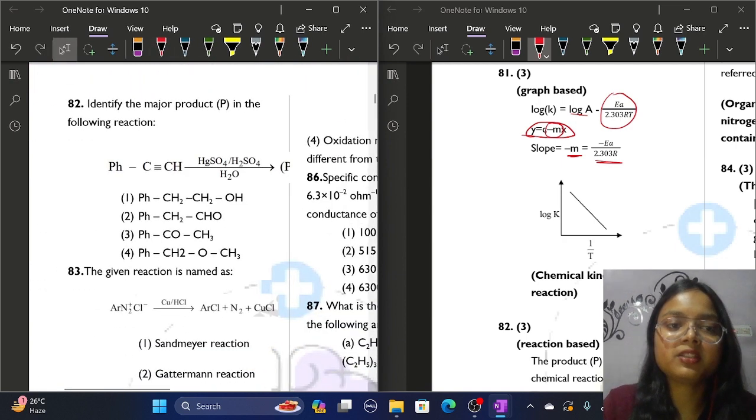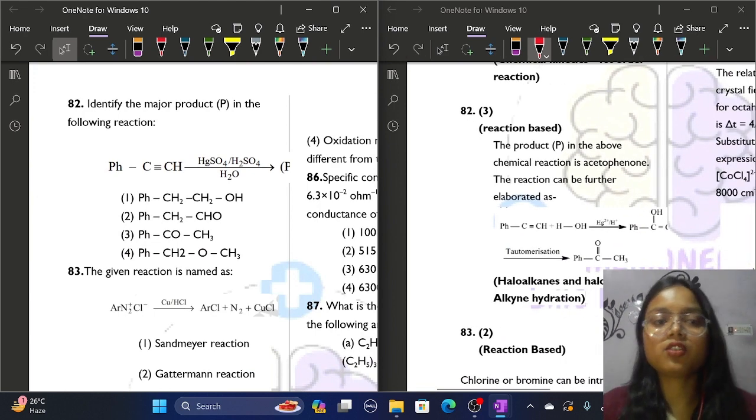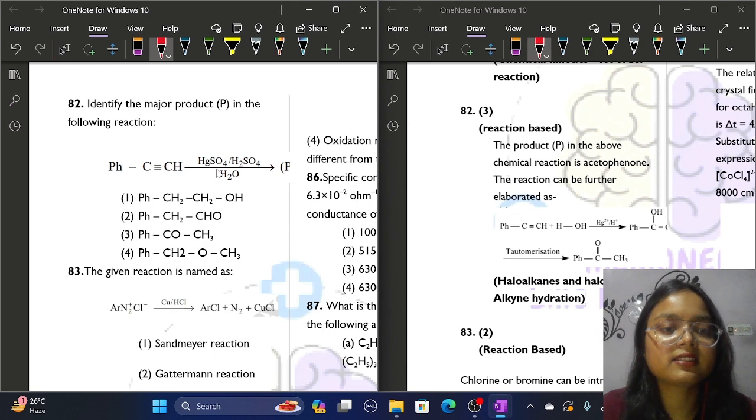Next is question number 82. Identify the major product in the following reaction. Here PhC triple bond CH, in the presence of HgSO4 and H2SO4, forms the product P. So what happens here?